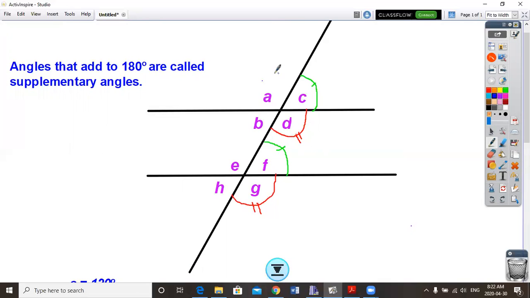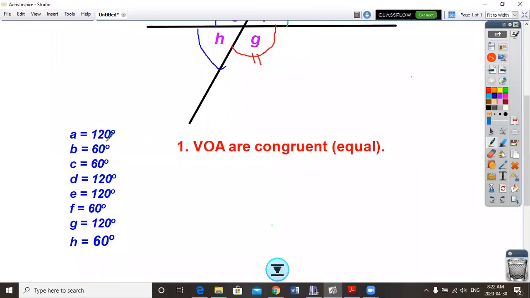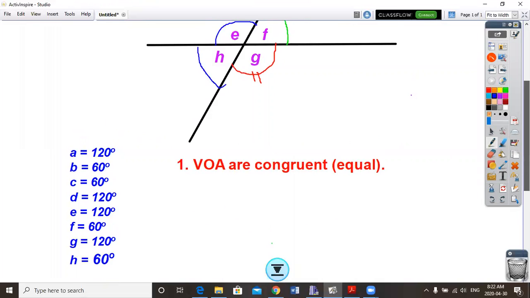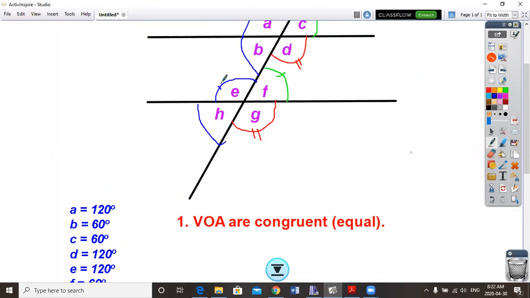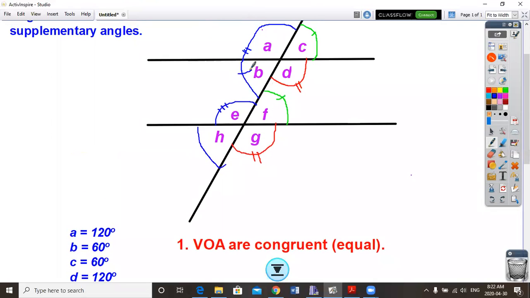So then let's look on the left side of the transversal, and the corresponding angles would be A and E, and then B and H. So A and E, A is 120, E is 120, they're equal. And B and H, B is 60, H is 60, they're equal.